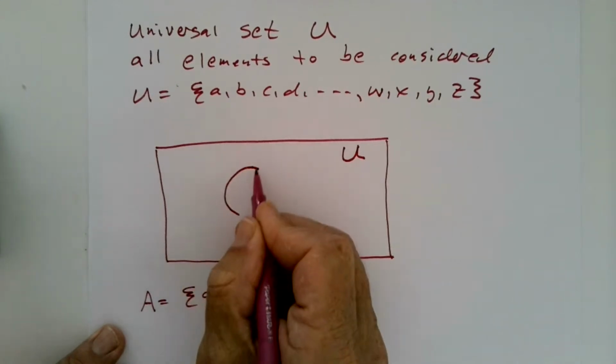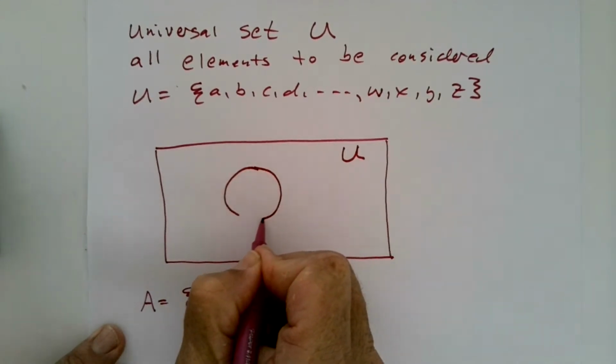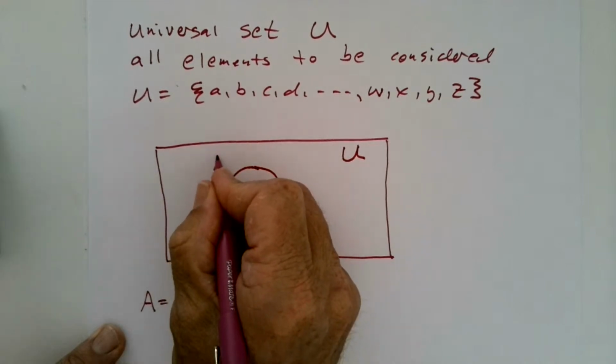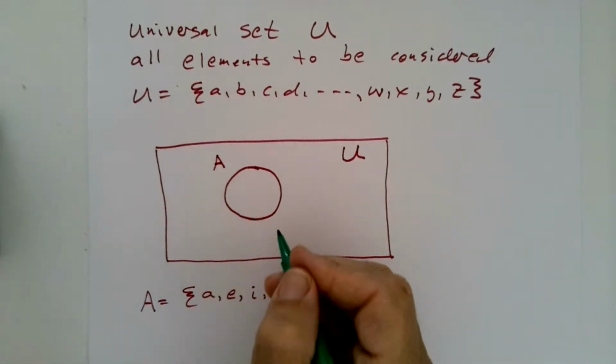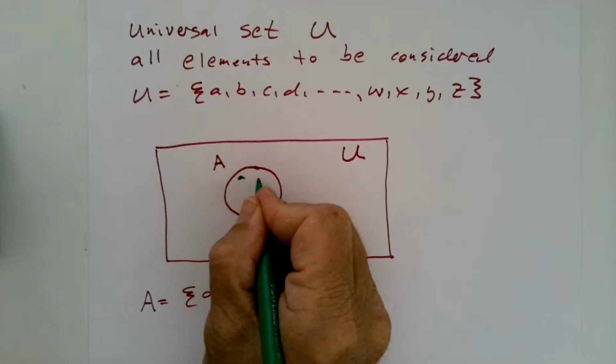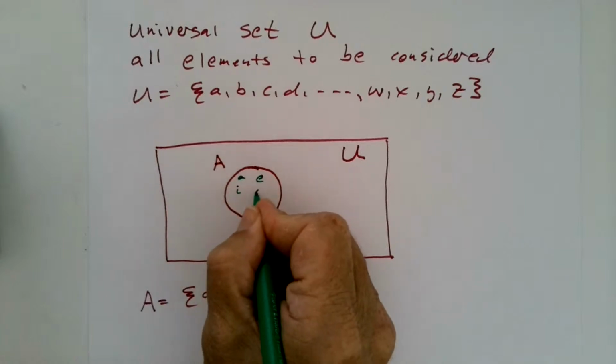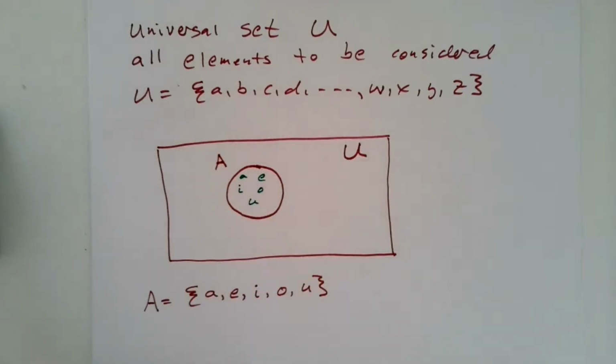And we use circles to represent sets. So we will call this A that is included inside the universal set. Now, what are the elements that are in A? Well, again, we have those 5 vowels, little a, little e, little i, little o, little u.